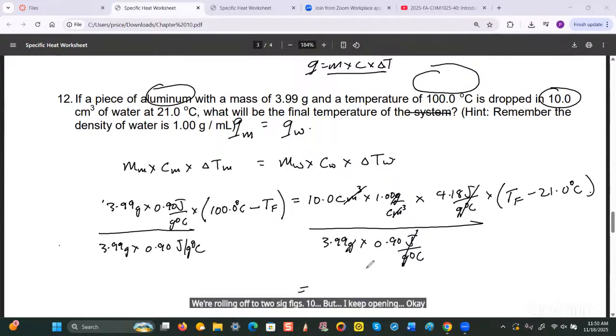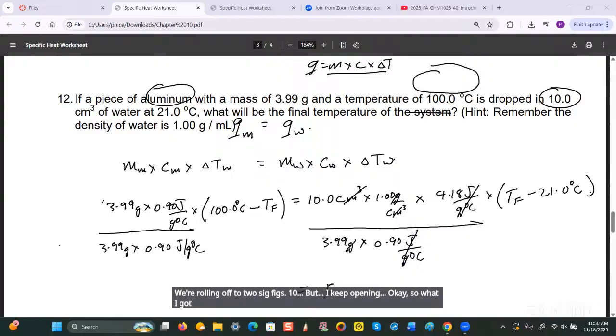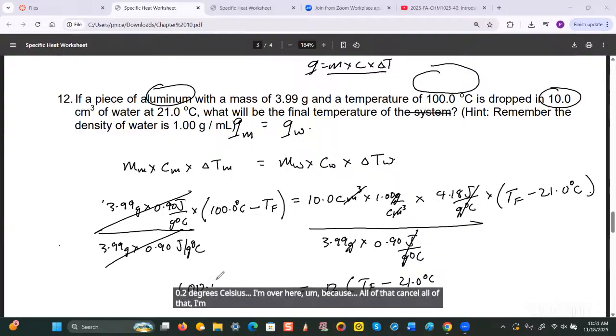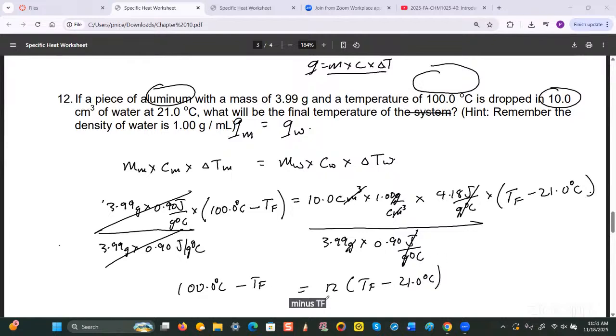Okay, so what I got here is 12, rounded off to 2 sig figs, times TF minus 21.0 degrees Celsius. And over here, because all of that cancels all of that, I'm going to end up with 100.0 degrees Celsius minus TF is equal to this right here.